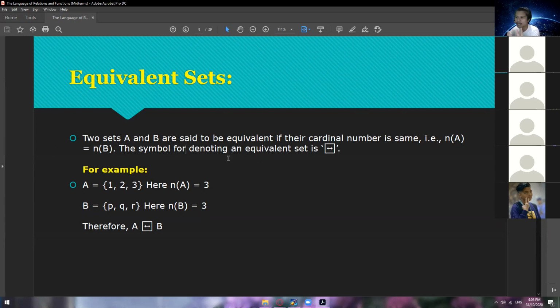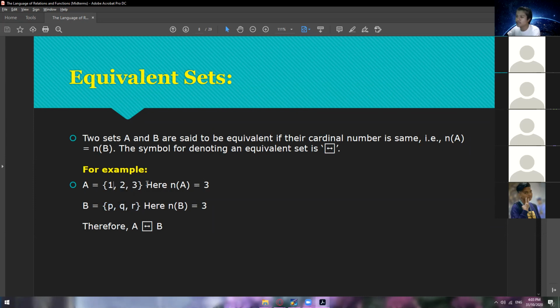Not the physical characters, or not the physical appearance. Okay. So, hindi mahalaga yung physical appearance ng nasa loob. Okay. Kahit magkakapares pa yan, hindi nyo mahalaga. Ang mahalaga is yung count of elements. Okay. So, as you can see right here, we have numbers and then the other one are letters.